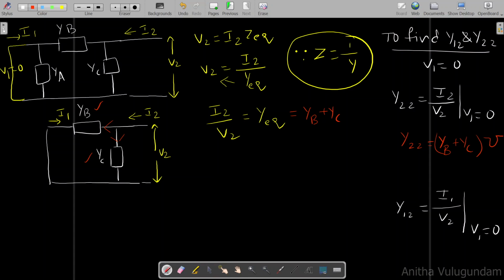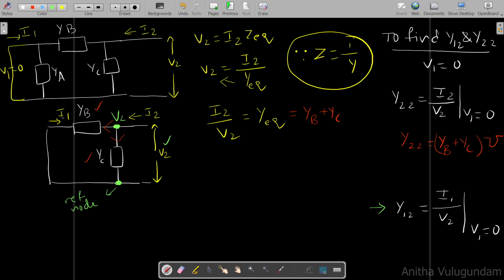And to find Y12, I1 divided by V2. By considering nodal analysis here, node is a common point where two or more elements are connected. You can take this as node point and this as node point. This node point is usually considered as reference node, or ground point. And the voltage across here will be the same voltage appearing here, V2.